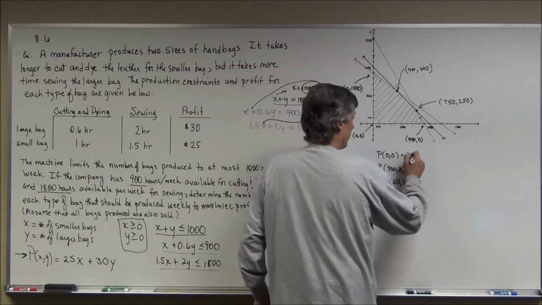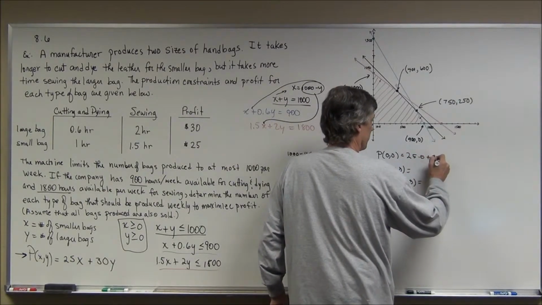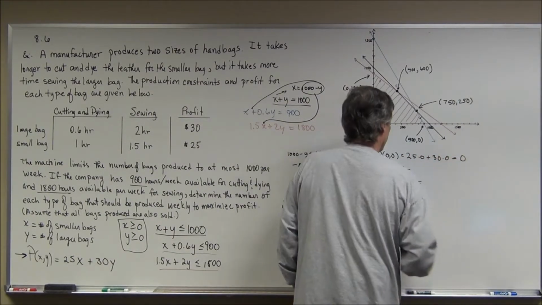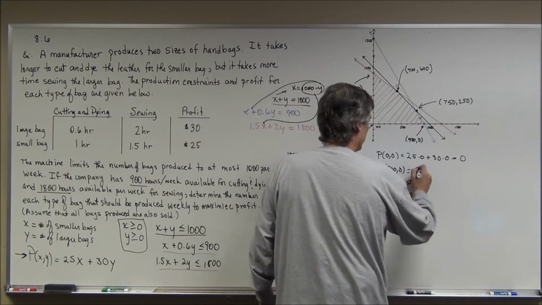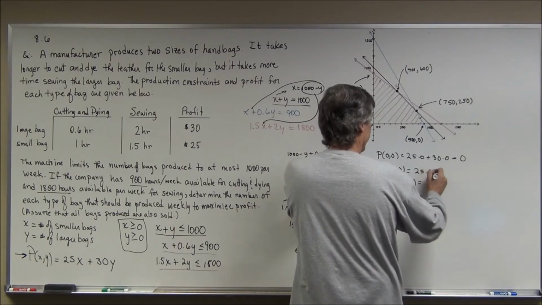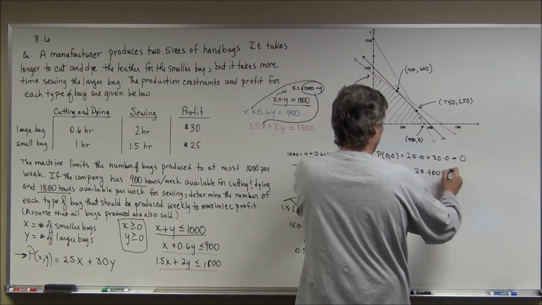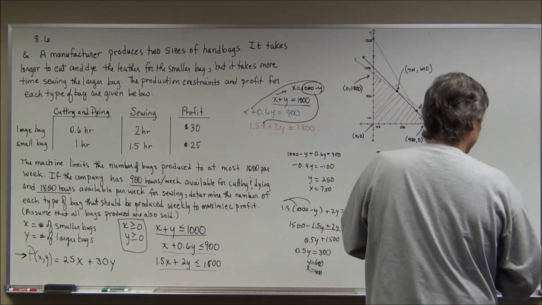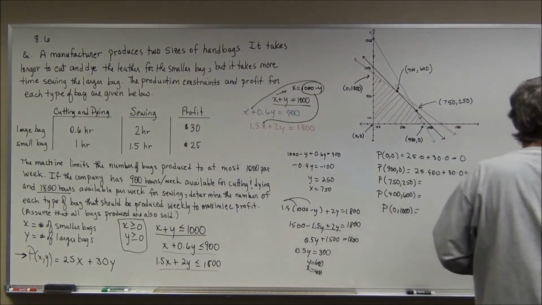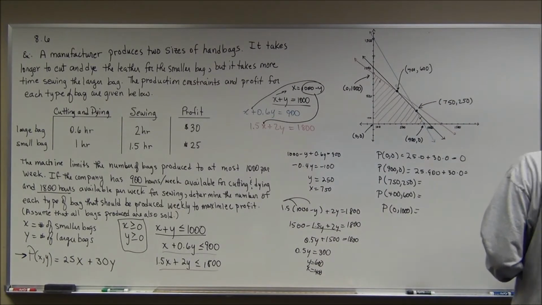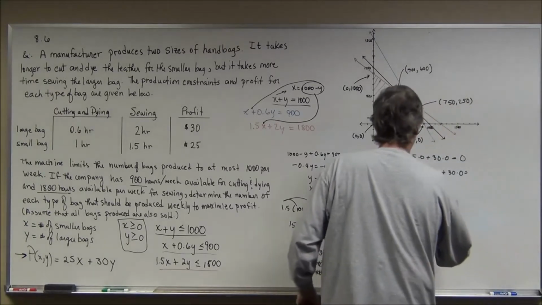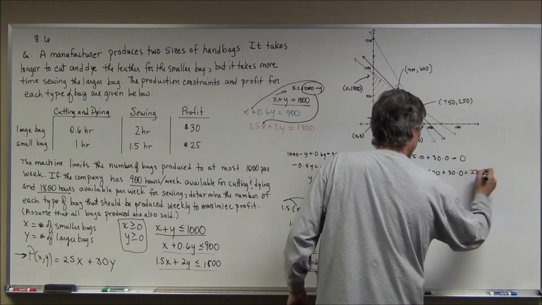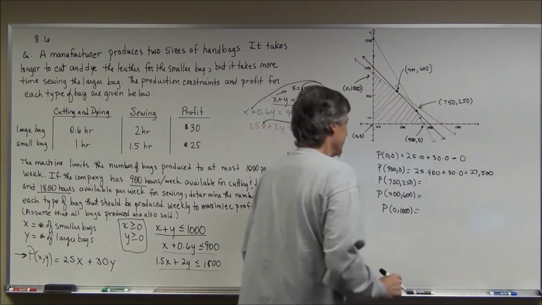So this would be 25 times 0 plus 30 times 0 is 0. Not much money there. This would be 25 times 900 plus 30 times 0. And let's see if I've done this one. I have 27,500. I kind of did this ahead of time.